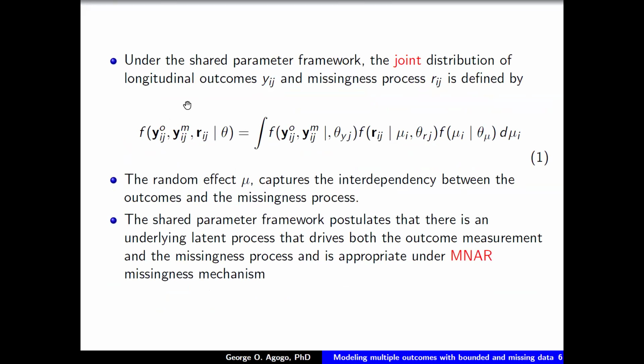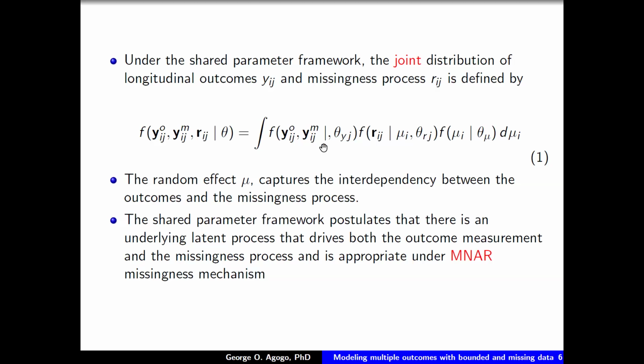What we have on the left side of the equation is a vector of the outcome, where superscript O means observed, along with the ones that were missing, and R here is the missingness indicator, zeros and ones, whether observed, yes or no. And theta here is just a vector of the parameters. For example, if you want to see the effect of age on cognitive function, all those parameters are under the vector theta.